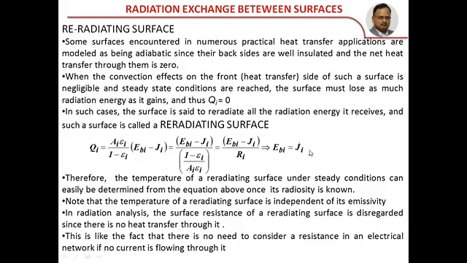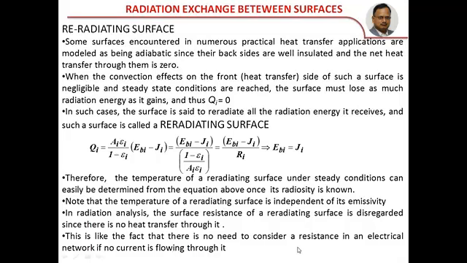The temperature of a re-radiating surface is independent of its emissivity. Since there is no heat transfer through it, the surface resistance of a re-radiating surface is always neglected.